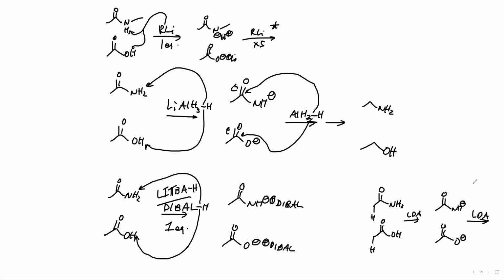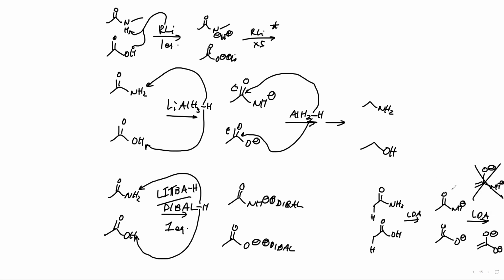I'm being wasteful of LDA. I'm making enolates that aren't that great. Both of these are really unstable. It's probably incredibly hard to make this one, so I don't even think you would ever want to make it. But the enediolate of the carboxylic acid, what's really the point?